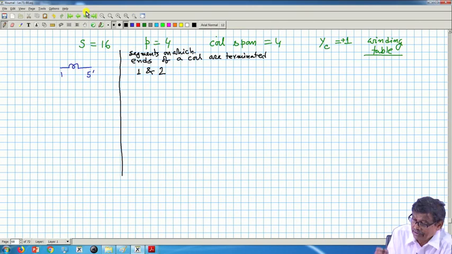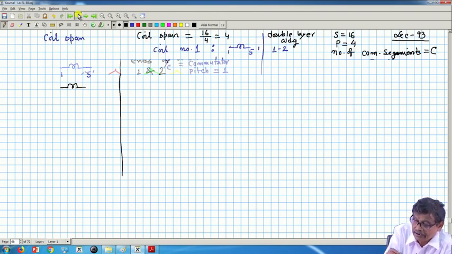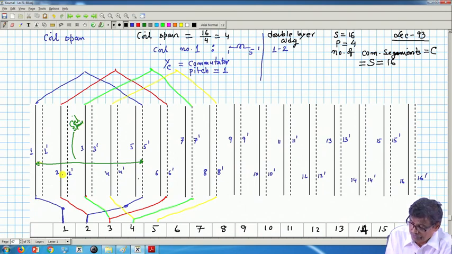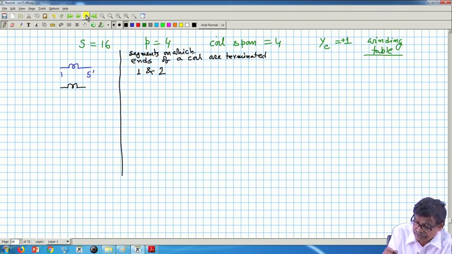Then the next coil you have to connect in series. So, what will you be doing? The next coil, second coil, is which coil? 2, and 6 dashed, red one, 2 and 6 dashed. So, commutator segment 2, from 2 this is 6 dashed, and this coil's ends are terminated between which 2 points? 2 and what? 3.